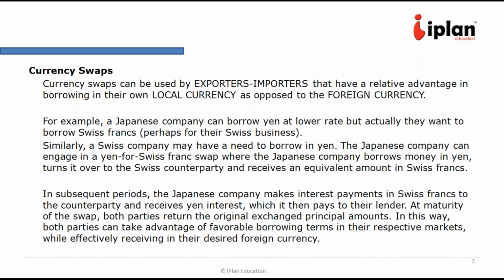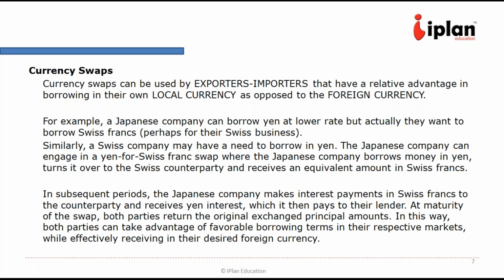Now technically this Swiss company will give all the principal amount to the Japanese company and will ask the Japanese company to pay the 3% interest that he is paying for his loan, and the Japanese company will give the loan to the Swiss company and will ask the Swiss company to pay 2%, which the Japanese company is paying to its bank.